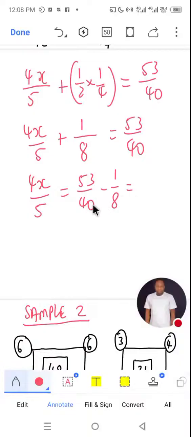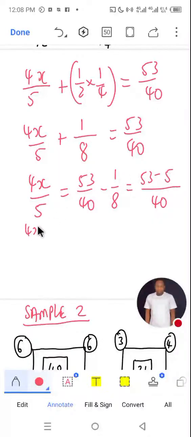What's the LCM of 40 and 8? That's 40, right? So write 40 here. 40 goes into 40, you have 1. 1 times 53 is 53, minus 8 into 40 is 5, 5 times 1 is 5.